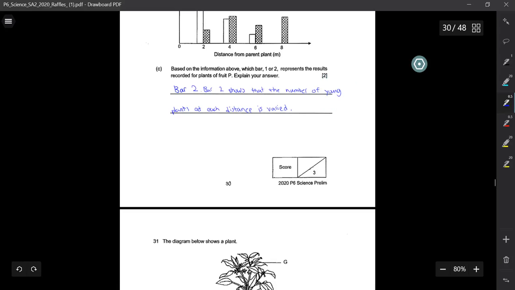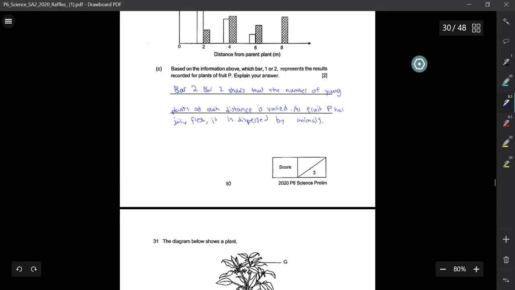Alright? And then, as fruit P has juicy flesh, it is dispersed by animals.